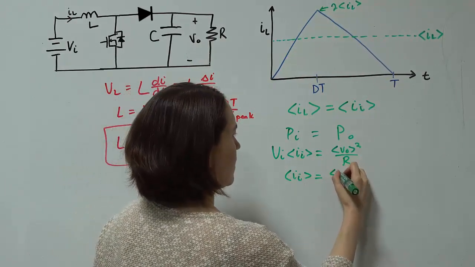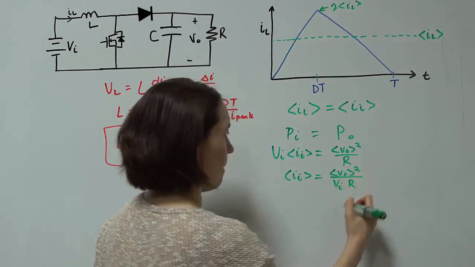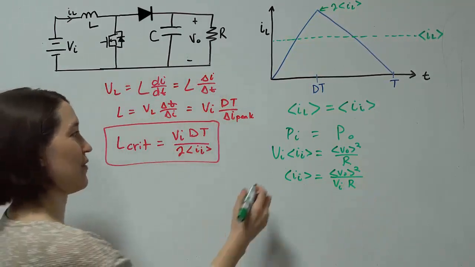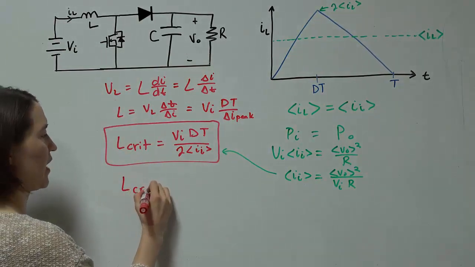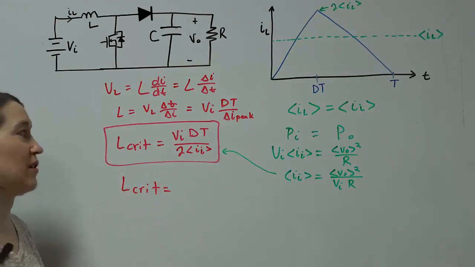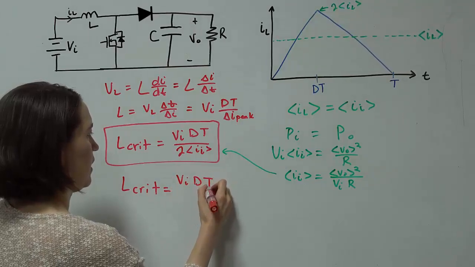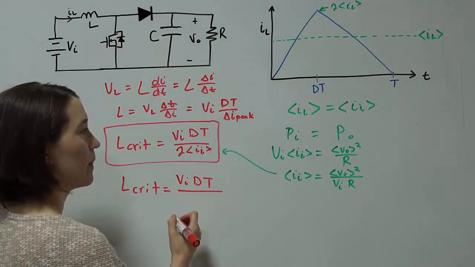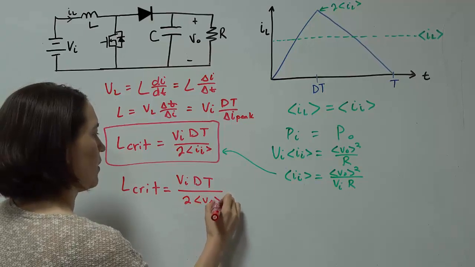We want to calculate for the input current, so you can just rewrite this as V out squared over V in R. Then we can take this value, plug that into here, and we can get a new expression for the critical inductance value. Here we'll get V in dT on the numerator and 2 V out squared.